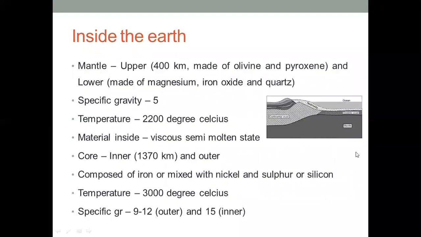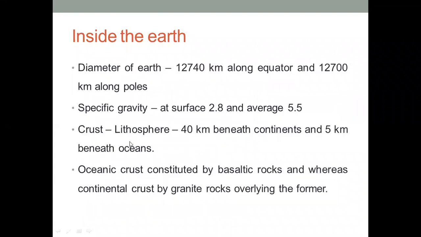If you see this diagram, here it is ocean, here it is continent. So here in the ocean it is 5 kilometers, and in the continental crust it is 40 kilometers. That is the thickness of your crust layer.